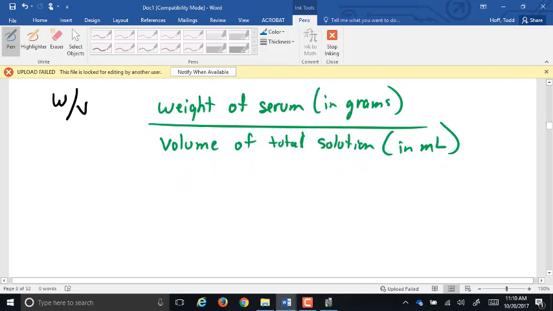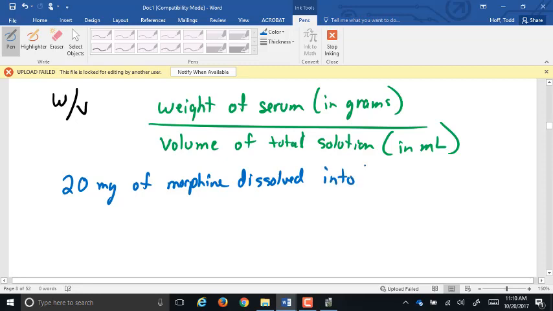So we might have 20 milligrams of morphine dissolved into 50 milliliters of total solution.